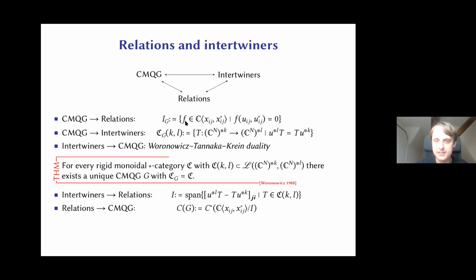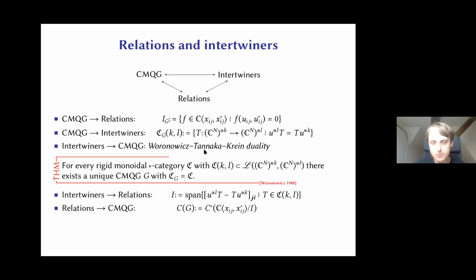That's clear, I guess. Those are, let's say, all polynomials that evaluate to 0 if you put in the generators of the algebra. What are the intertwiners? Those are exactly the intertwiners from the representation theory. So if you have some representations U and V, you can consider the intertwiner between them, so the intertwining operator.